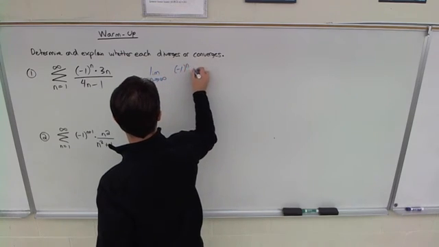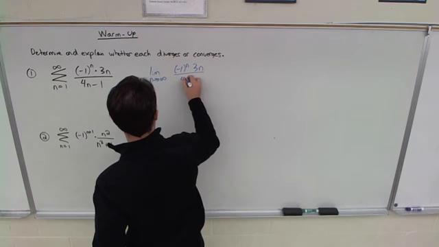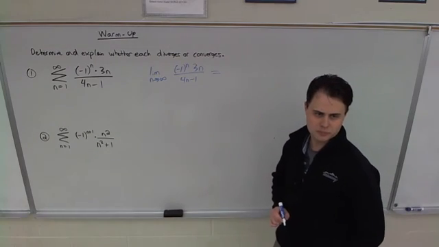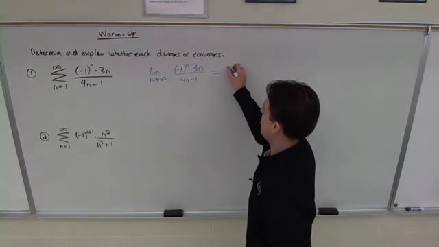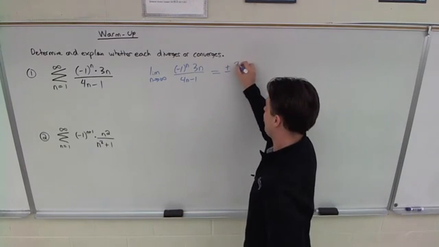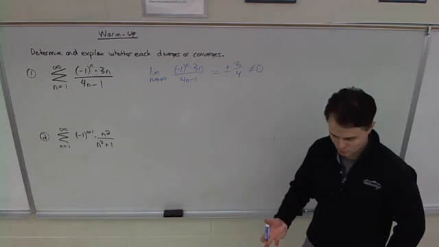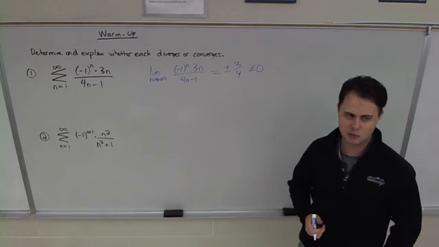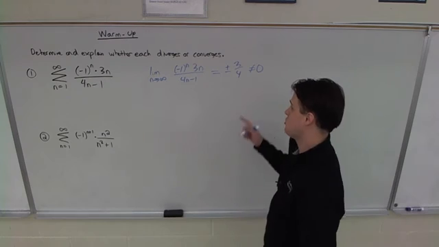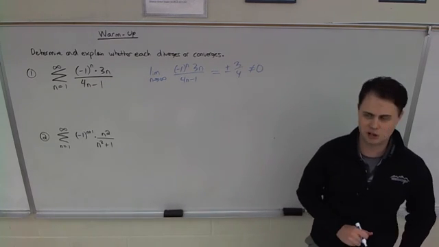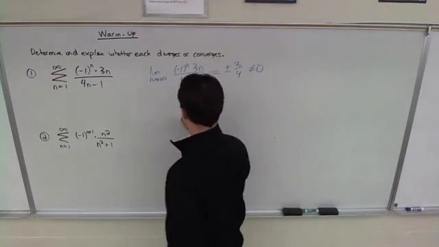So if you stick the whole thing in there, alternator and all, what's that? Plus or minus. It doesn't equal 0 though, so it diverges. Divergence test succeeded. So I'd say, therefore, that thing diverges by the divergence test. Done. Okay? Good.